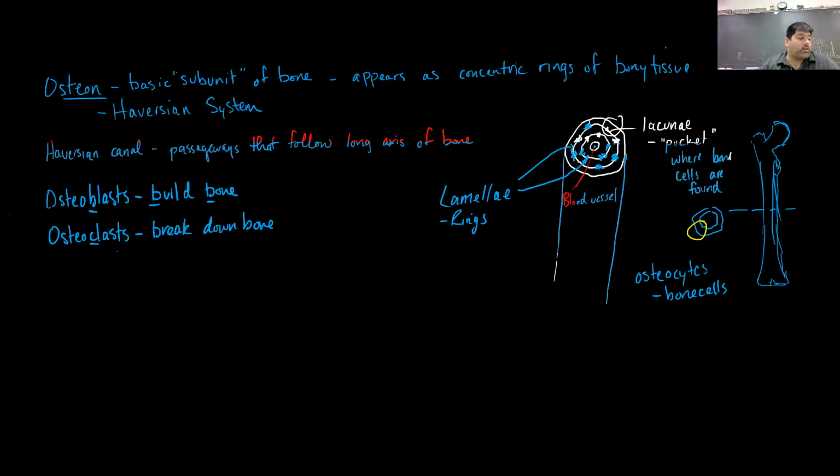And if we look at this, and I'm going to do a zoomed in drawing of this, what I would see would be the rings, there's space in these rings, and then there are these little spaces, that's the lacunae.